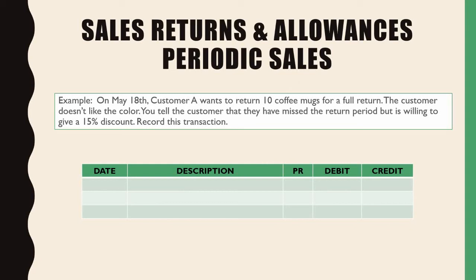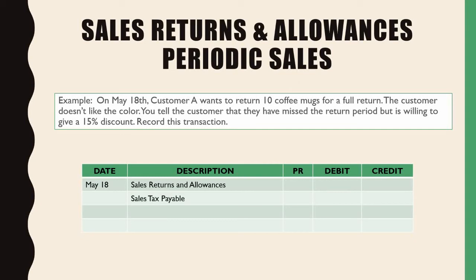So in this context, how much tax are you going to be giving back to customer A? 8.25%. Correct, which is how much off of 7.50? 0.61875. So $6.19. Not $6. 61 cents. 62 cents.